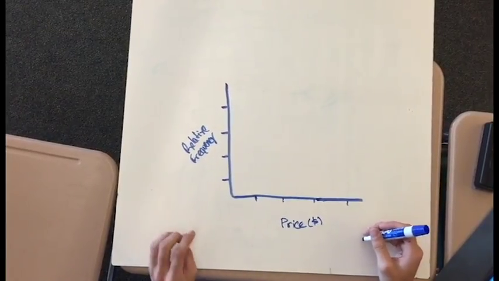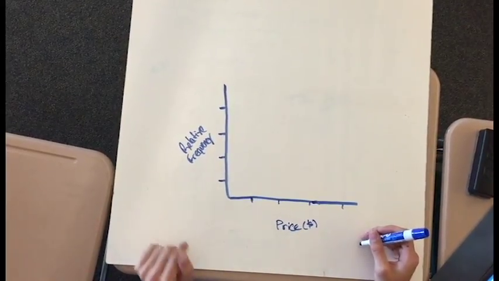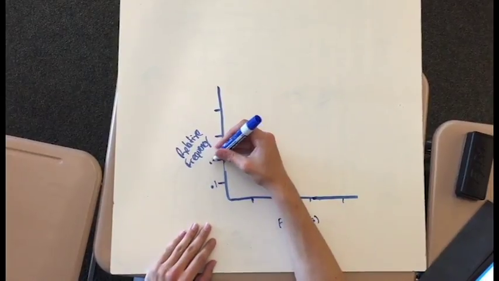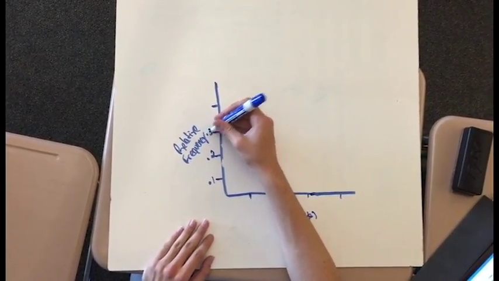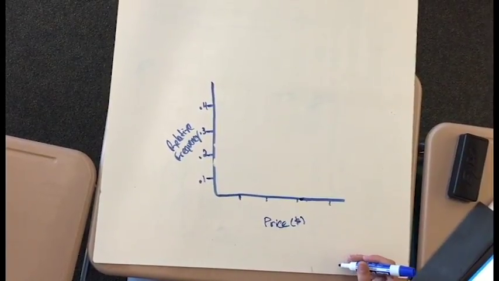Our relative frequencies span from 0.1 to 0.4, so that's what we're going to make our axes. We're going to go up by 1/10 each time: 0.1, 0.2, 0.3, 0.4.